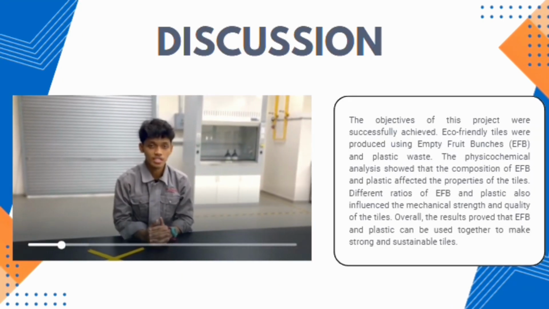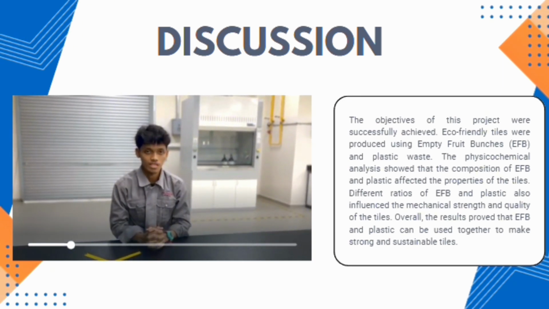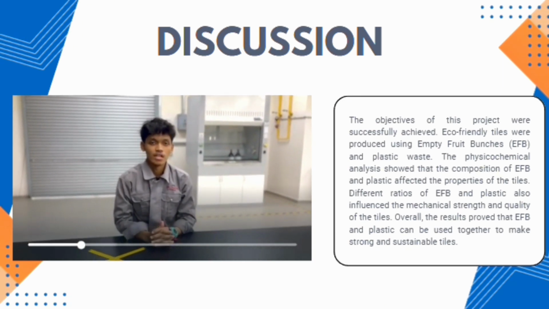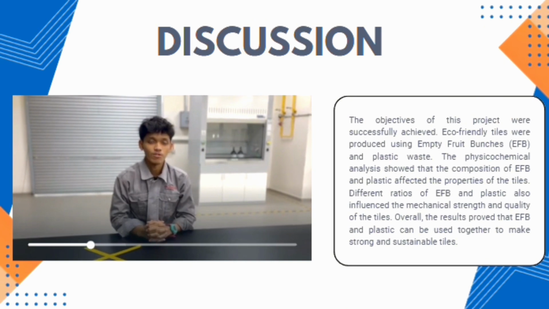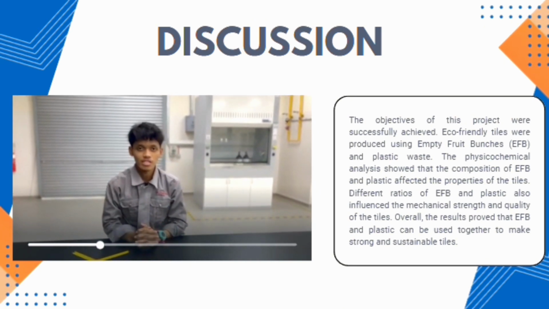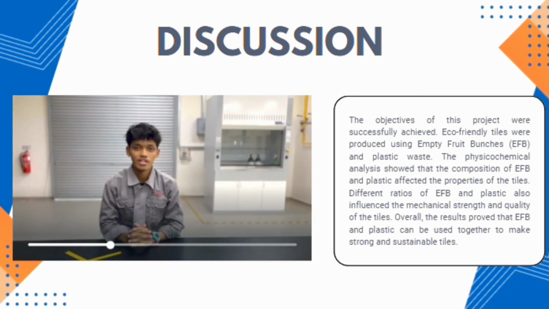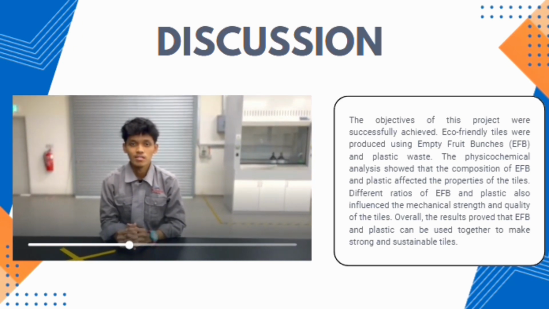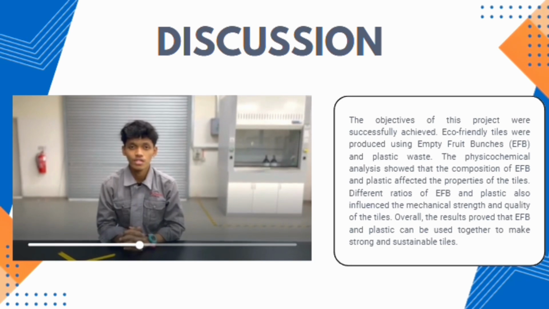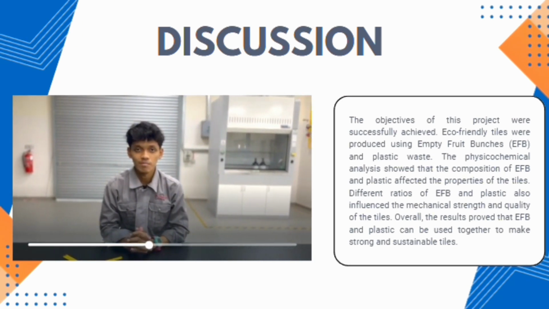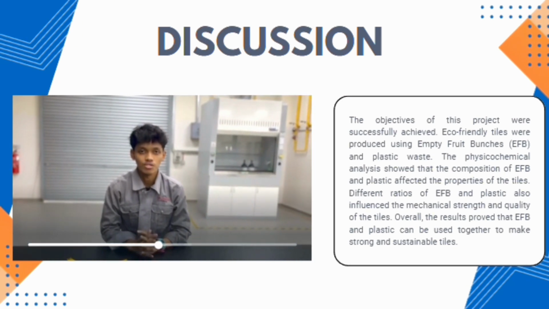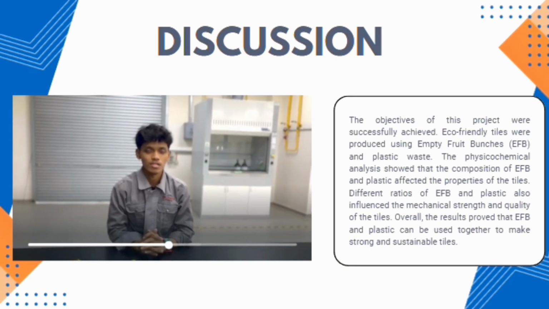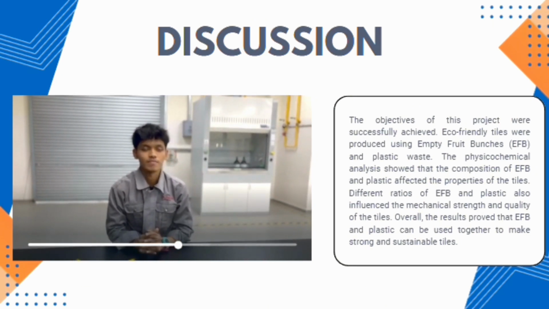The objectives were successfully achieved by our team. The first is the eco-friendly tile was produced by our team using empty fruit bunch and plastic waste. The second is the physicochemical analysis shows us the composition of EFB and plastic affects the properties.